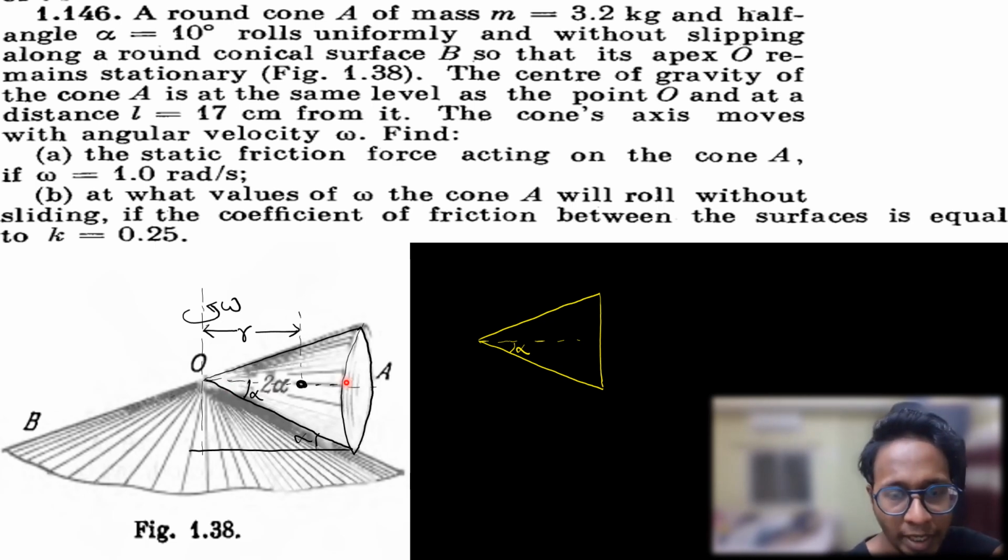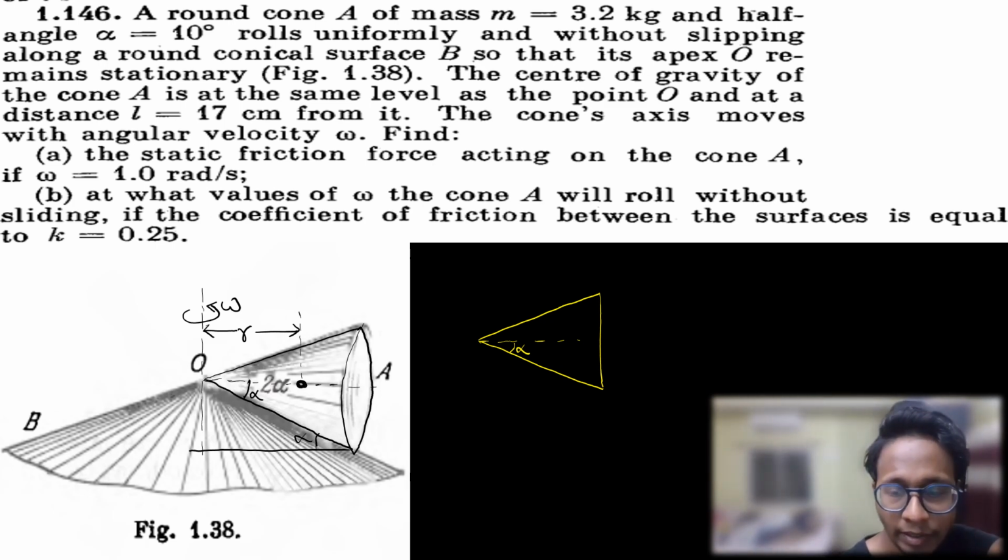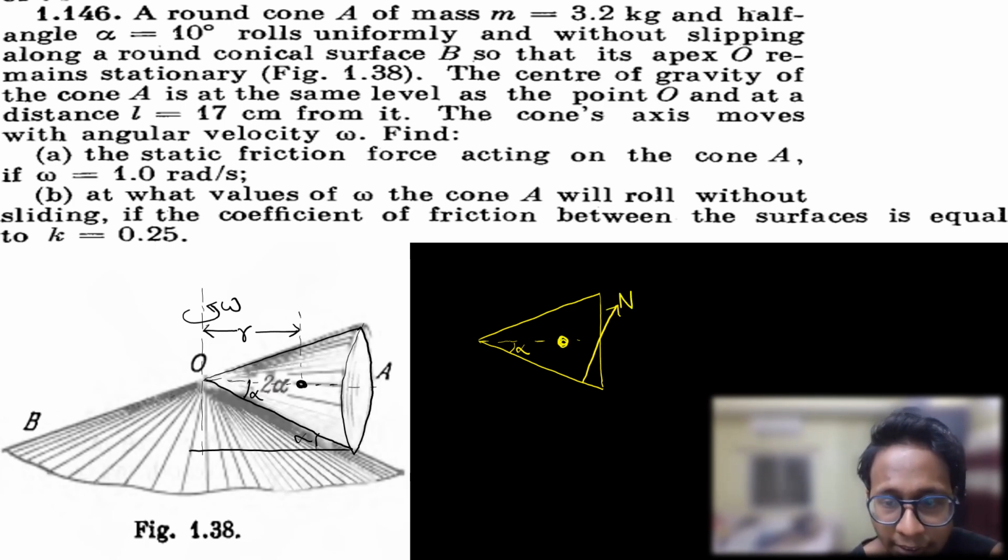See, two parallel lines and an intercept, so this angle is equal to this angle. So what are the forces acting on this cone? First thing is the normal force. Normal force always acts perpendicular to the surface. The second is gravitational force, which equals mg, acting at the center of mass. The third force is the friction force.